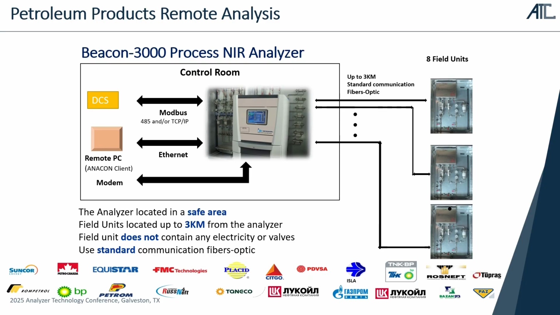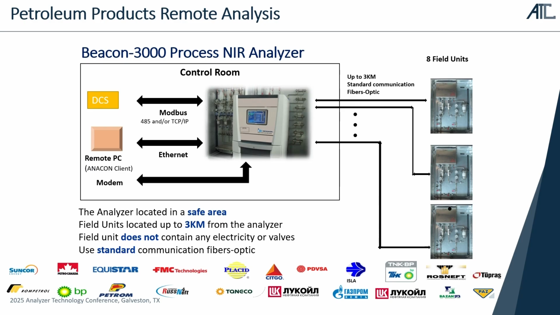Today, we have many refineries already using this technology successfully, and a very significant fact here is related not only to the fact that we do not have housing and we do not have a sample system, we also need very little effort for maintenance, because maintaining the models for the third overtone is much easier than maintaining them for the second overtone.